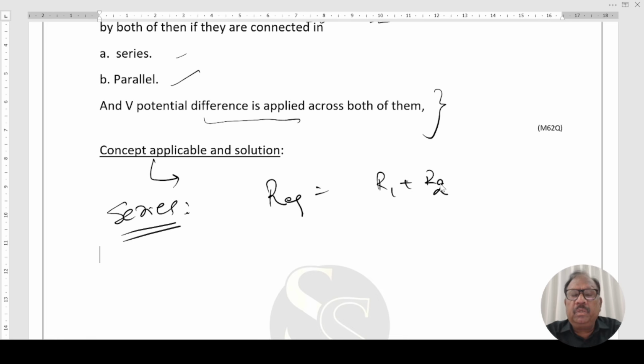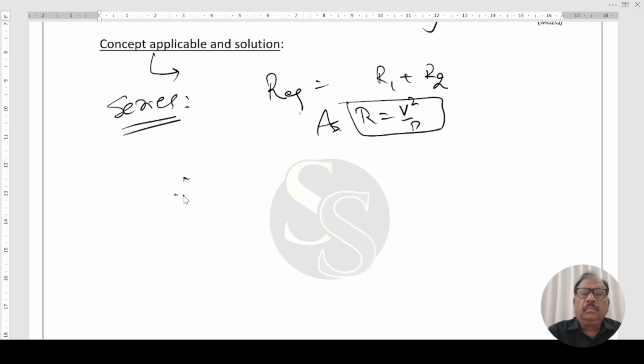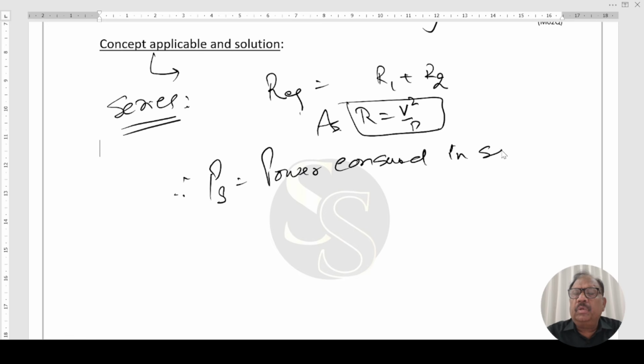In series combination, you know R equal to V square by P, as R equal to V square by P. Therefore, PS, that is power consumed in series combination.